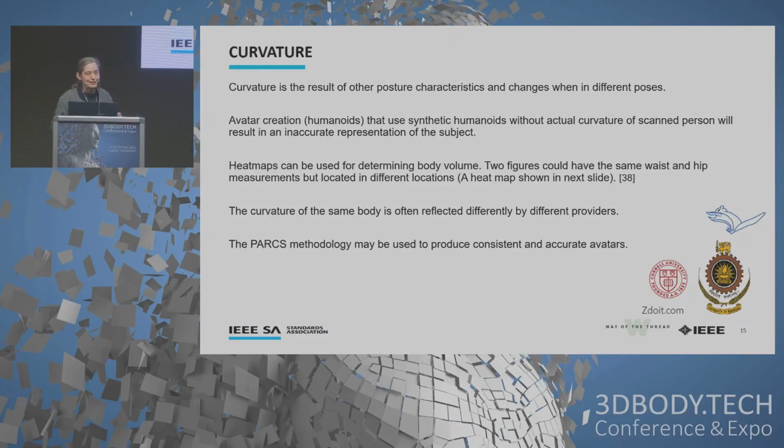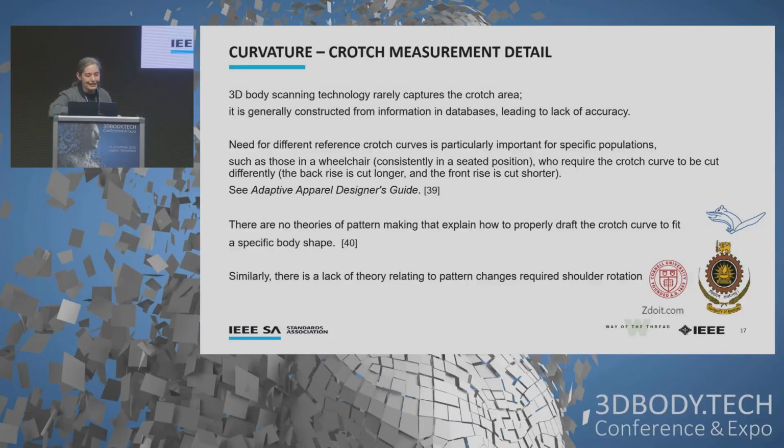So one of the tests we did in a different study was we took 4 different phone apps, and you couldn't tell they were the same body because all of the curves were very different. Body scanning rarely captures the crotch area. It's generally constructed with information, and actually, if we can really work on the crotch curves, that would be very important.